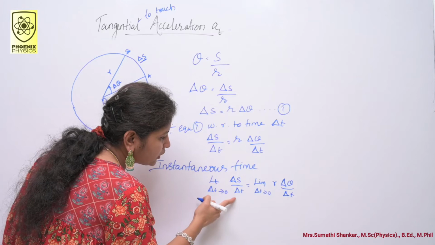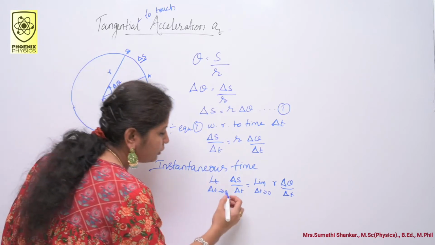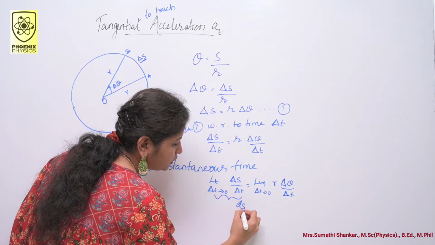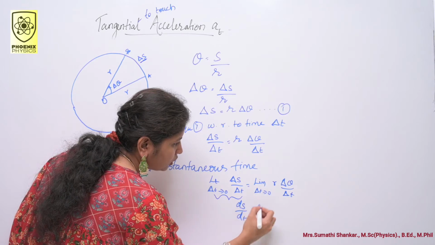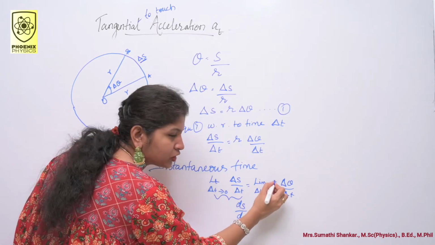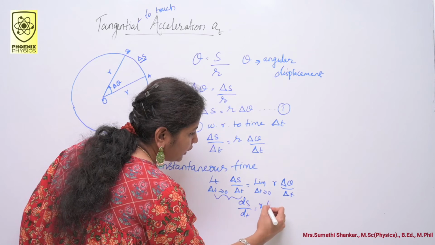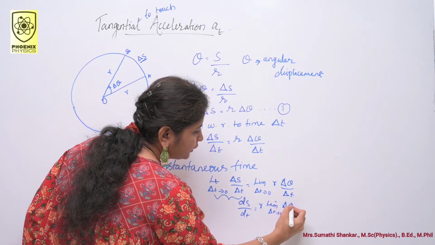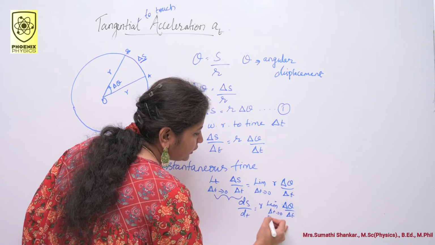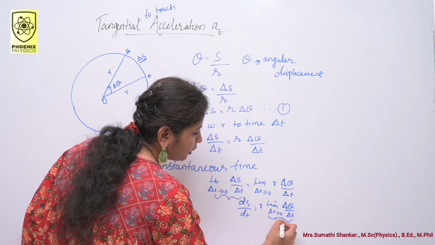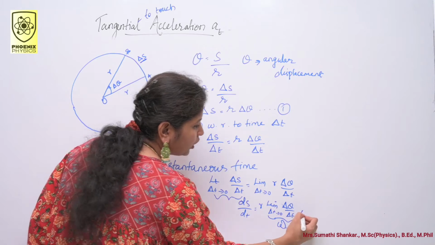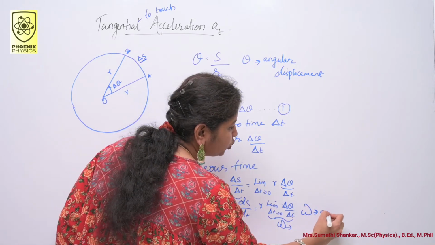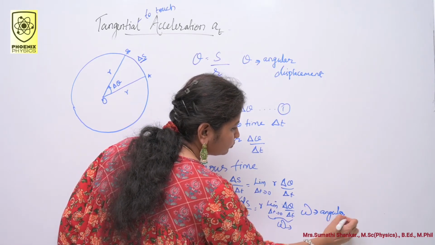What is this delta s by delta t? It is nothing but ds by dt. So this r is a constant. r times limit delta t tends to 0 of delta theta divided by delta t. This term is nothing but omega. What is this omega? Omega is angular velocity.